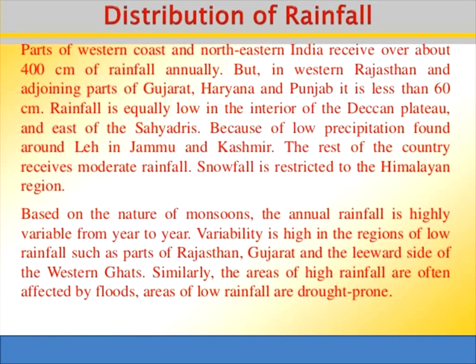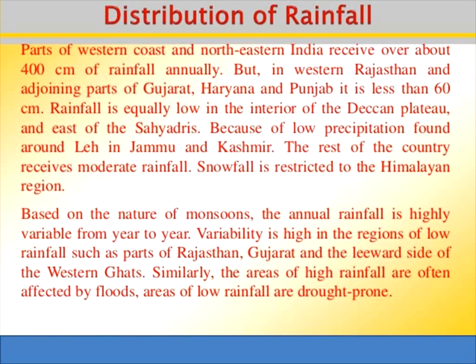Because of low precipitation found around the lake in Jammu and Kashmir, the moist condition is created there. The rest of the country receives moderate rainfall, and snowfall is restricted to the Himalayan region.